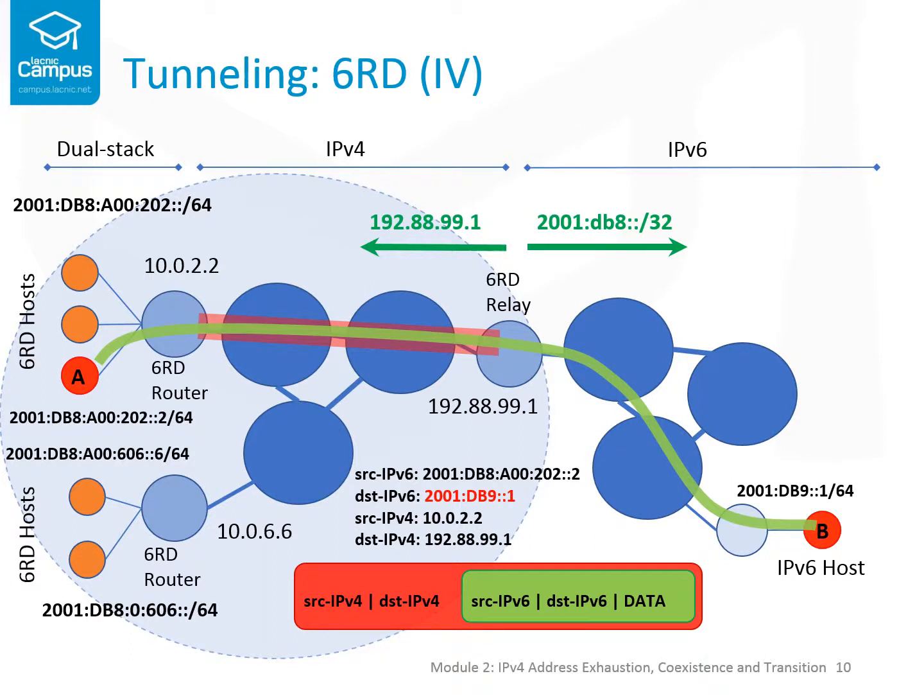In other words, whenever a packet is sent to an address that is not part of the 6RD prefix, it will reach one of the relays implemented by the ISP. Once it reaches the relay, it will be de-encapsulated and sent over native IPv6.